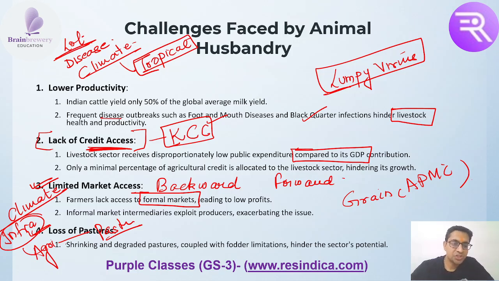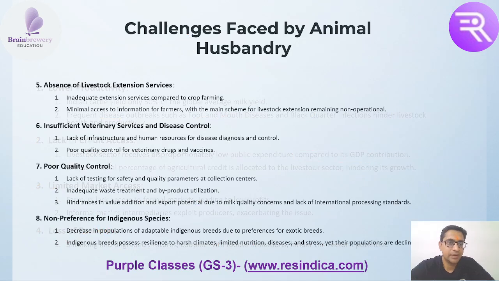This shrinking and degradation of the pasture land is hindering the fodder requirement of the animal, because of which the quality of the milk and the health of the livestock is deteriorating. So again, this is one more issue that has been hindering the animal husbandry sector.